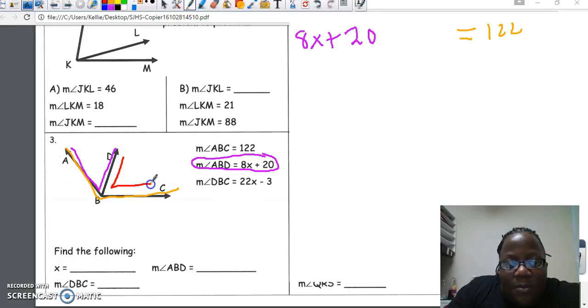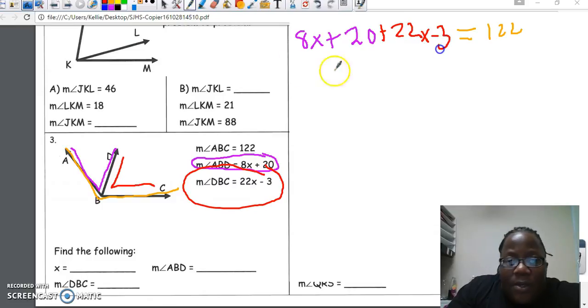DBC, which is this, is this. So that angle plus this. So the red angle plus the purple angle, 22x minus 3, should equal the orange angle. Purple angle plus red angle should equal the orange angle. Here we go. Let's try that again.